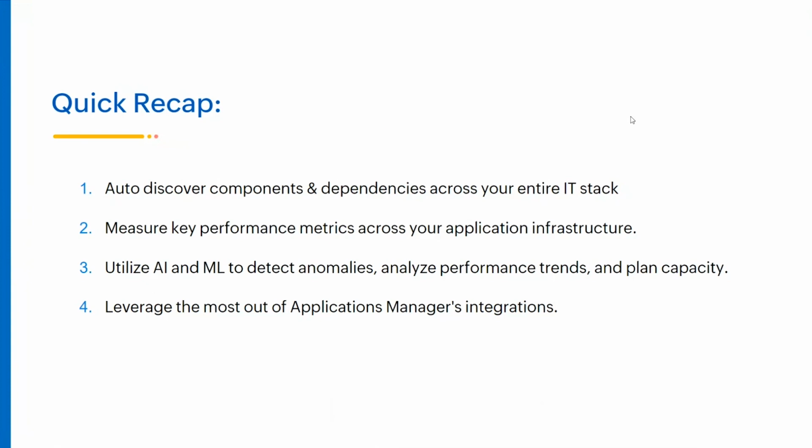In part three, we saw how you can use Applications Manager's threshold profile, adaptive profile, and anomaly profiles to associate actions and alarms with critical KPIs and also analyze the performance trends. We also saw how you can utilize the AI and ML in our reporting feature to analyze the performance trends, forecast the utilization, and also plan capacity.